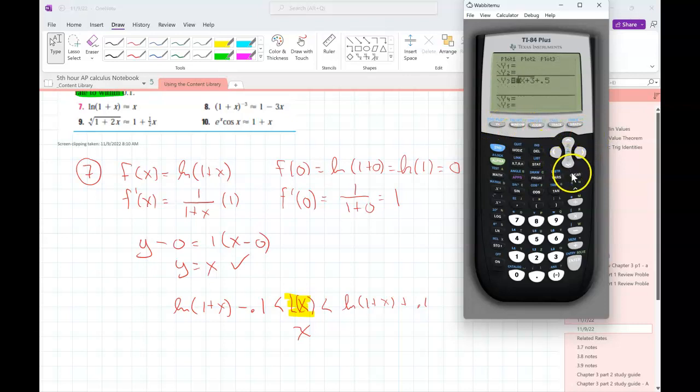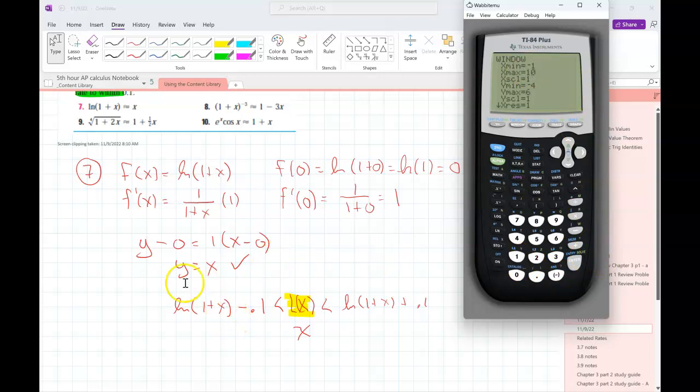All I'm going to do here is do this on my calculator. So I'm going to do the natural log of x plus 1, minus 1, and then x. The domain for the natural log of x plus 1 is negative 1 to positive infinity, so I'm going to start my x window at negative 1.